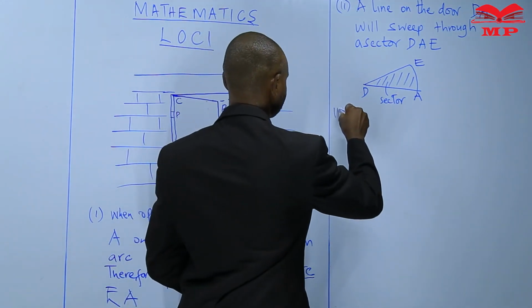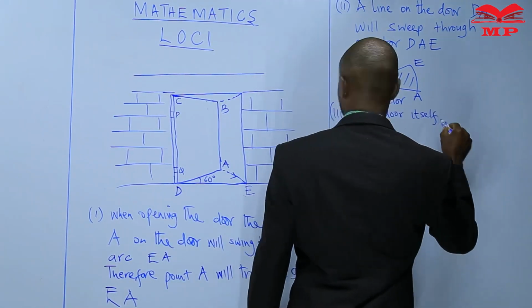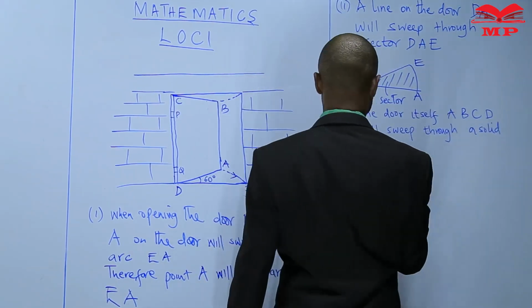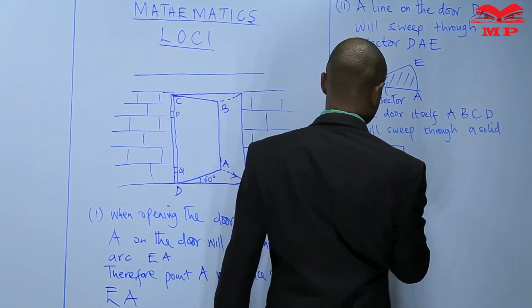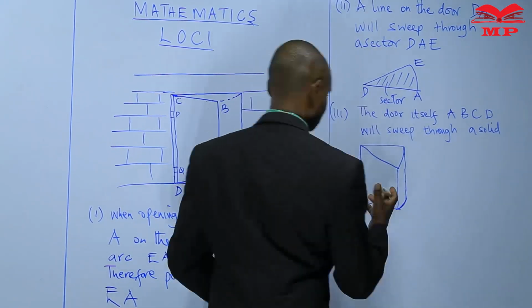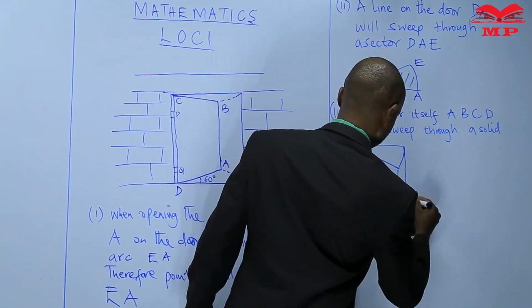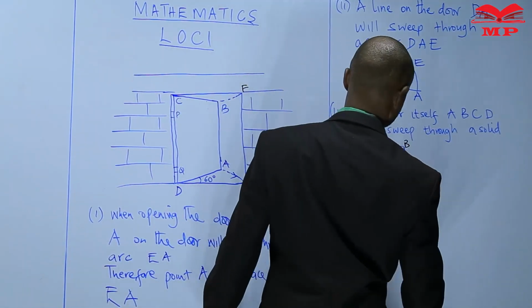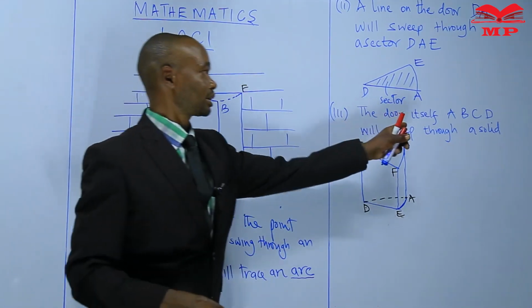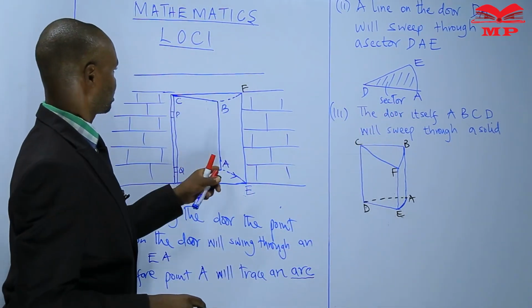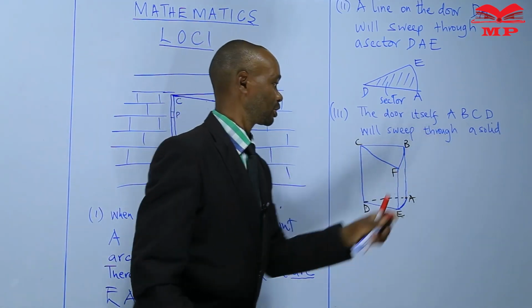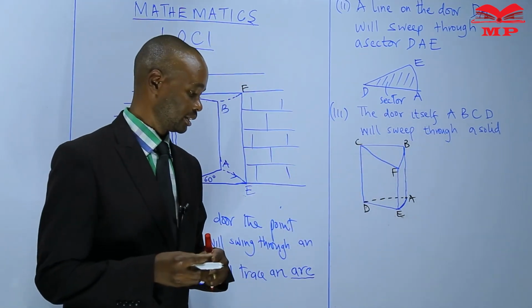And 3. Looking at 3 again, the door itself, ABCD, will sweep through a shape that will create a solid.